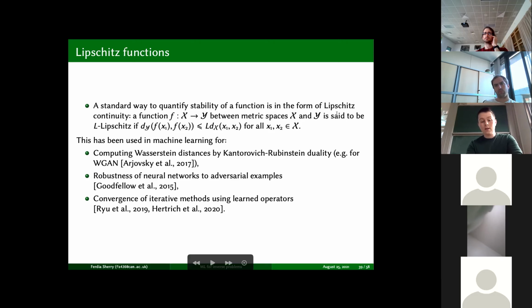Another thing is what I mentioned here: if you want your learned component to be part of a bigger thing, potentially an infinite iterative method, you want to be able to guarantee that it has certain Lipschitz properties. And then there's the application to generative adversarial networks, where they need them as the critic for this Wasserstein distance.